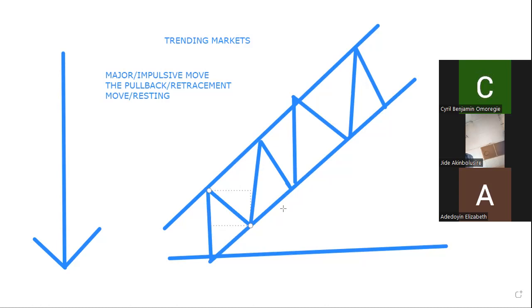So the next thing now would be, how do I know when the impulsive move wants to start, so that I'll know that, oh, I'm buying or I'm selling? So the next point, write down, sir.